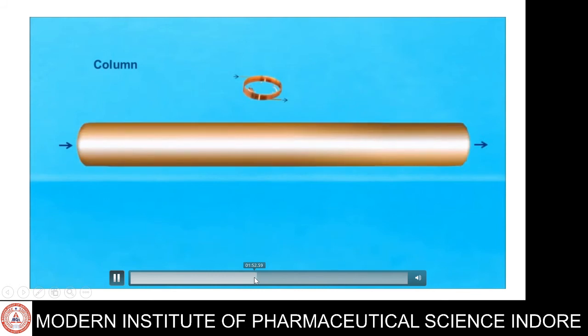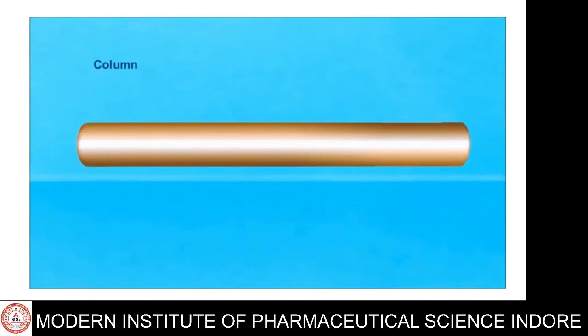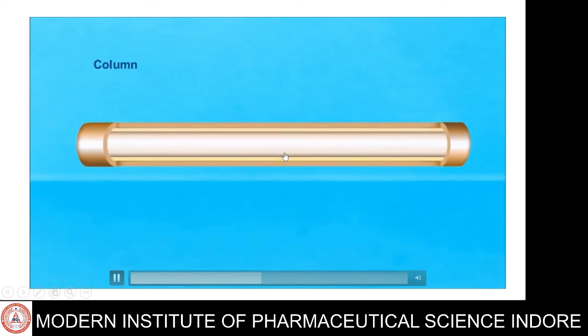This is the column, the separation column. Components of a mixture are separated based on their ability to absorb or bind to the stationary phase. A component that absorbs most strongly to the stationary phase stays in the column for the longest time and will therefore have the longest retention time. It will emerge from the gas chromatograph last.